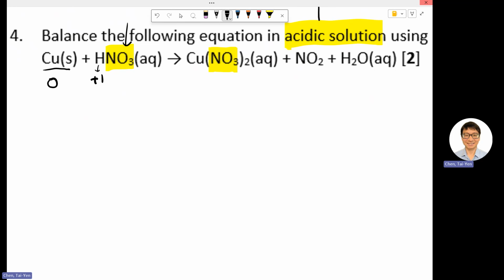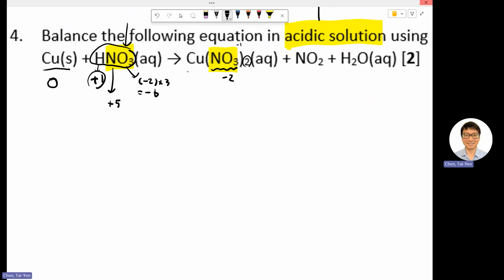So you have three oxygens, so it's -2 multiplied by 3, which gives you -6. The overall molecule is neutral, right? Therefore your N is going to have an oxidation number of +5. Go back to here. Your NO3 carries a -1 charge. You have two of them, therefore you have -2.